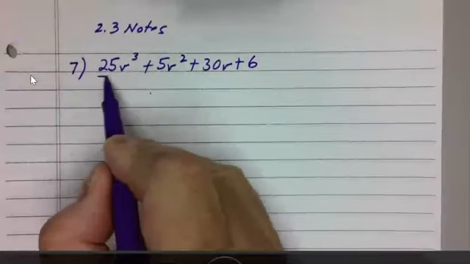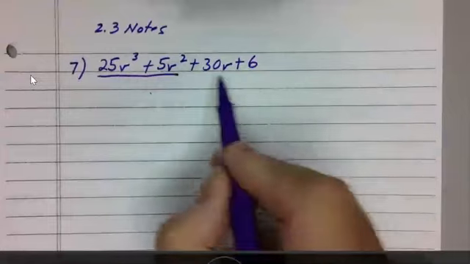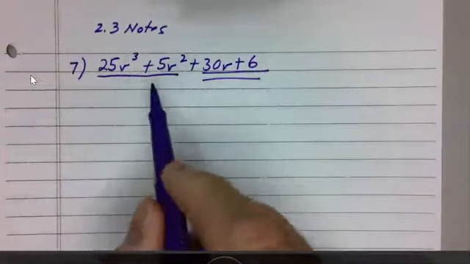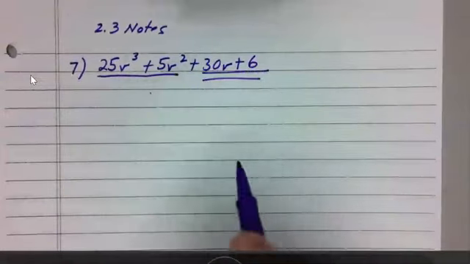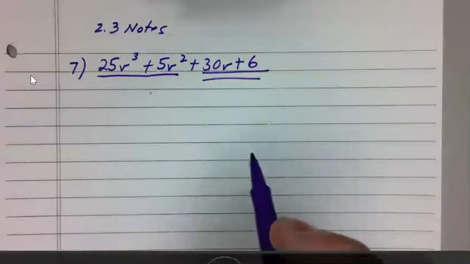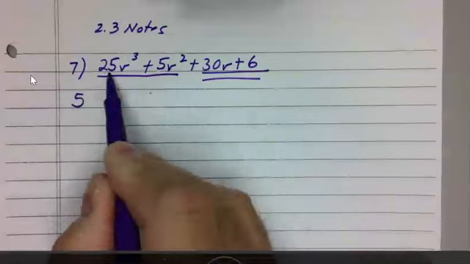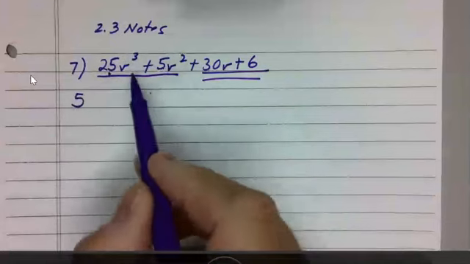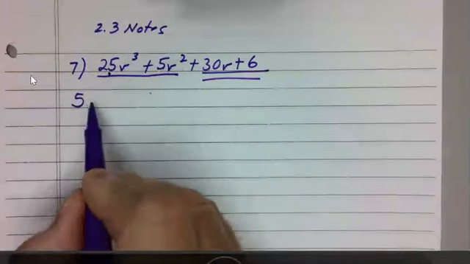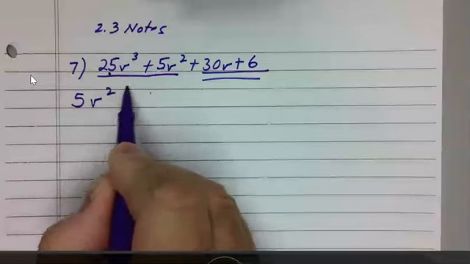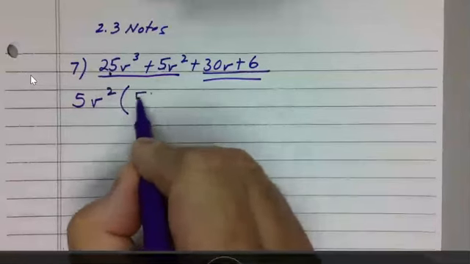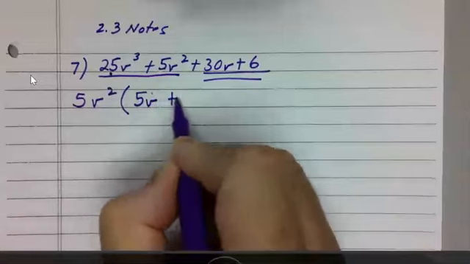So grouping these first two together and these last two together, what can I factor out of the first one? 5, because 5 goes into 25, doesn't it? And then what do we pick for v cubed and v squared? V squared. So that ends up giving me 5v plus 1.